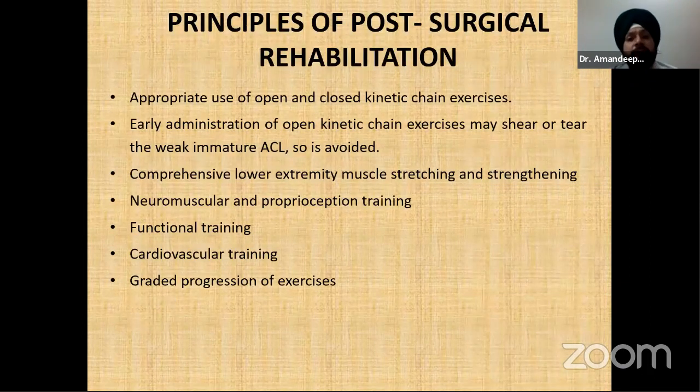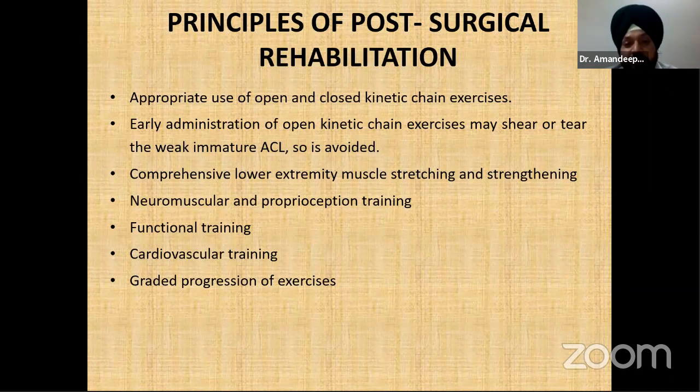Now, when we go for post-surgical rehabilitation, there are certain principles which need to be followed. First and most important is which strengthening exercises we should follow, open kinetic or closed kinetic chain. Early administration of open kinetic during the initial phase may lead to tear of the weak, immature ACL, so it is avoided.